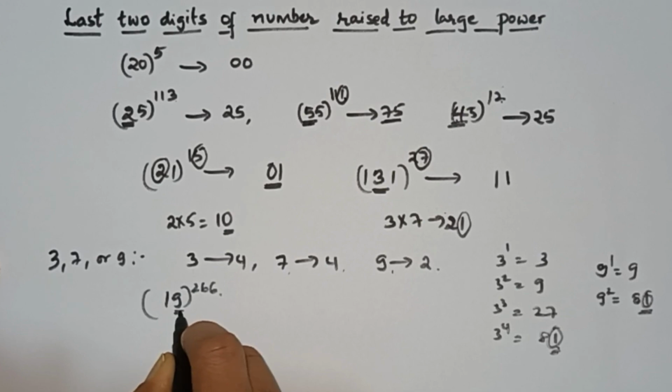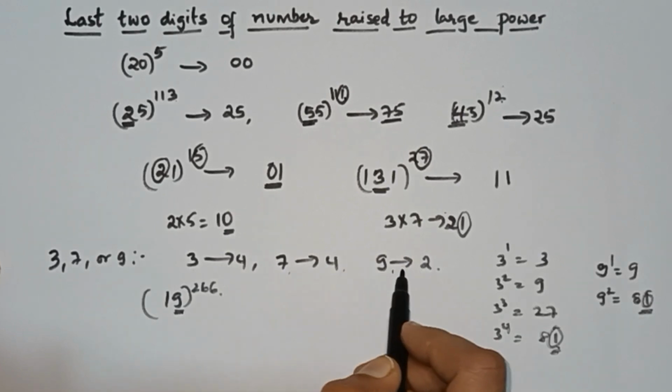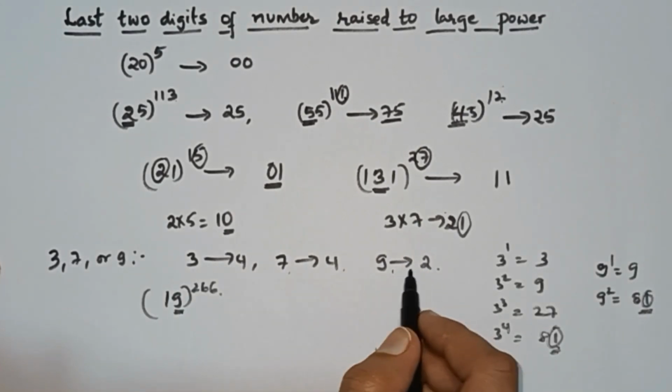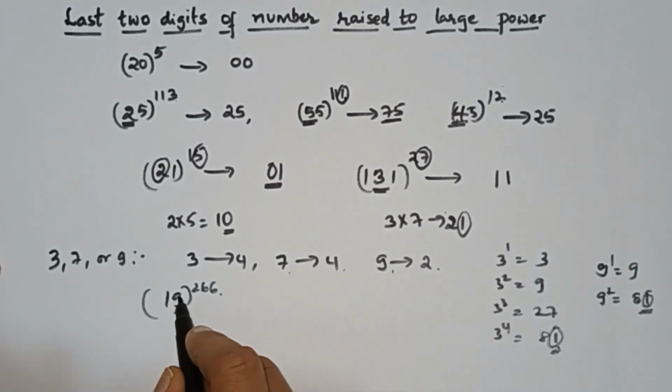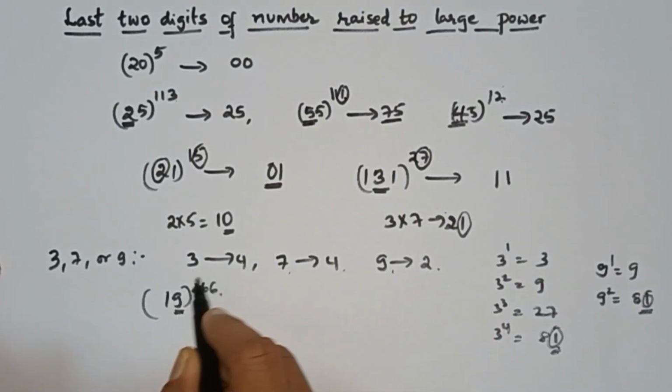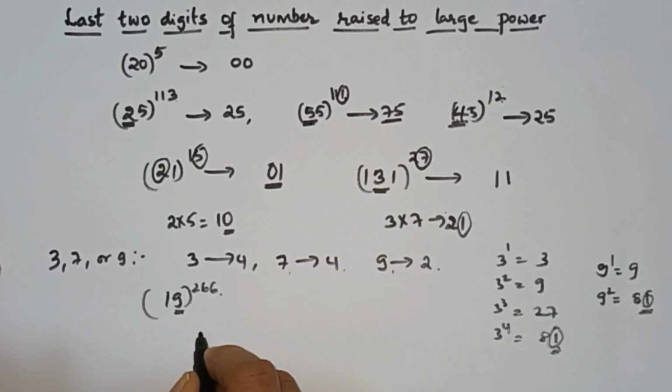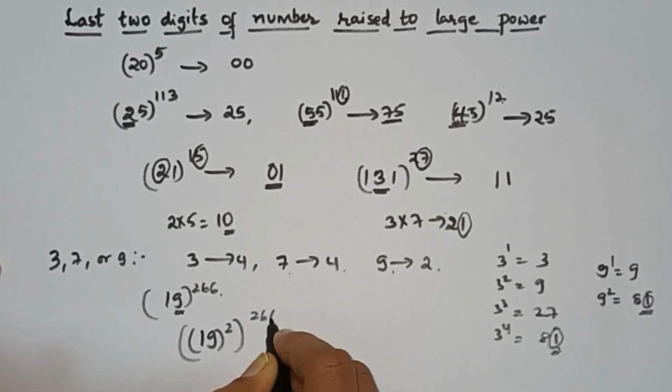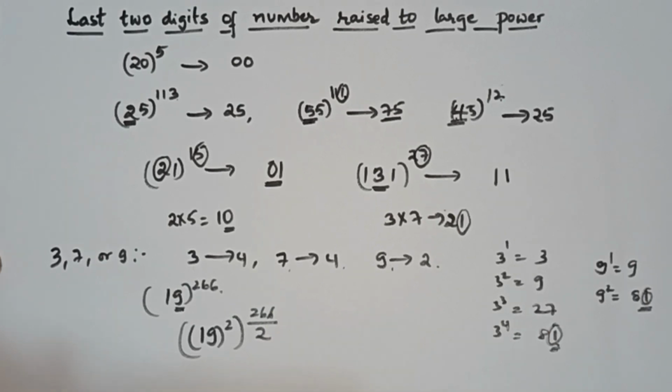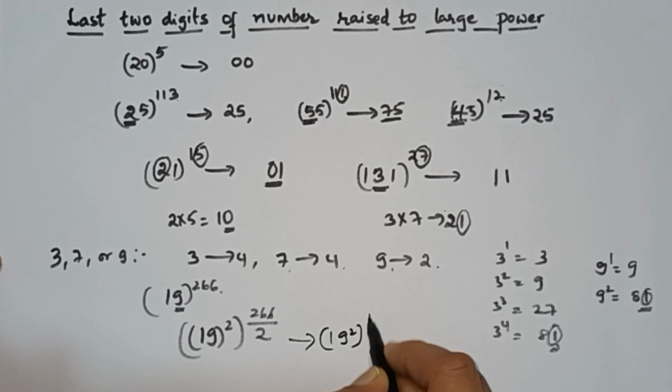The last digit is 9, and 9 has cyclicity 2. Therefore, you raise the base to the power 2 and divide the power value by 2. So it is 19 to the power 2, whole to the power 266 divided by 2. This simplifies to 19 square to the power 133.